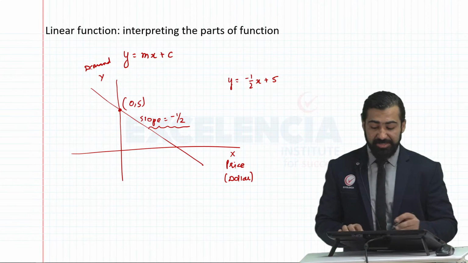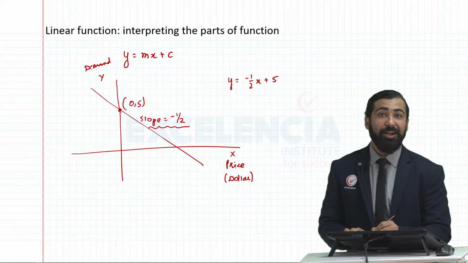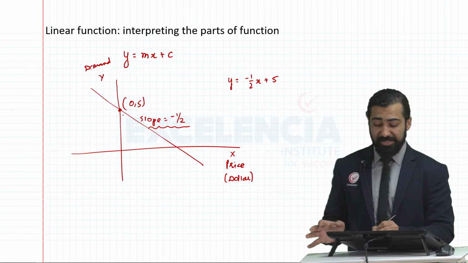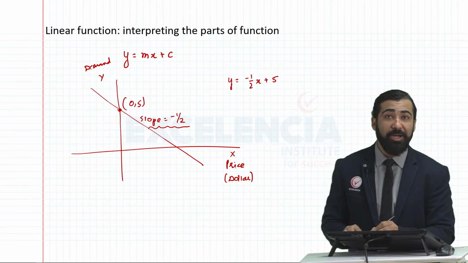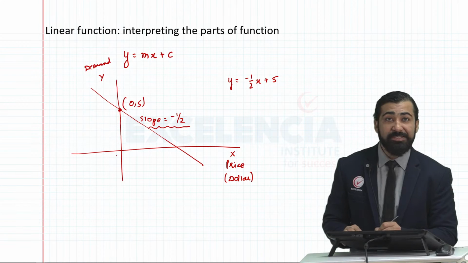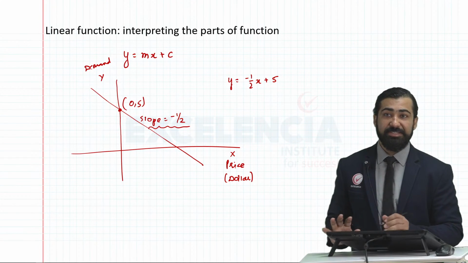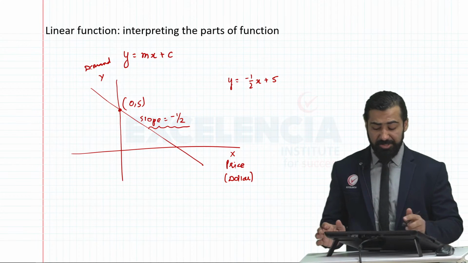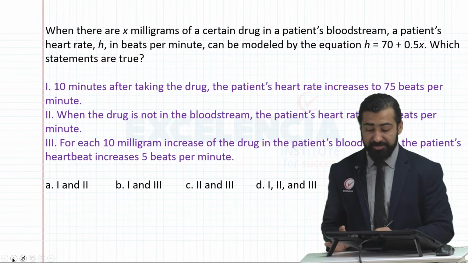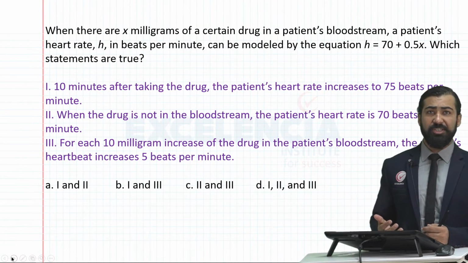Alright. Second is the intercept, the y-intercept here. Again, this is a useless interpretation with respect to this graph, but when my price is 0, how much would demand be? That's what the y-intercept shows. Okay, so we should be able to interpret linear graphs. We had done this question in the last class.